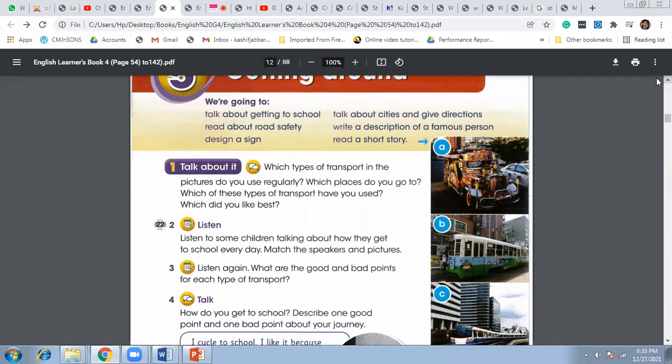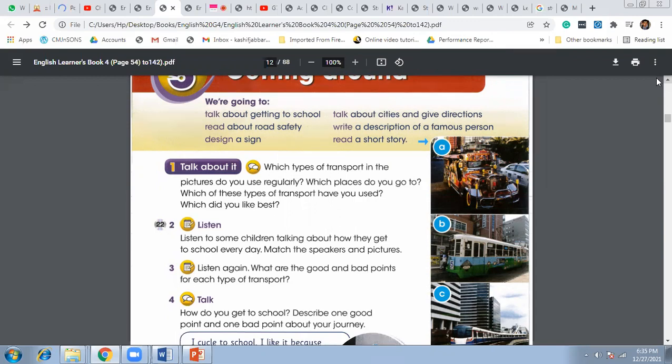So which place do you usually go to, which of these types of transport have you used, and which did you like the best?